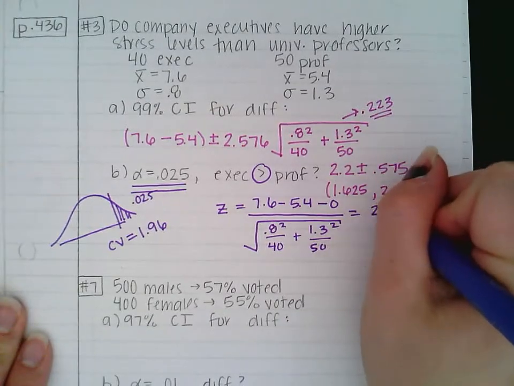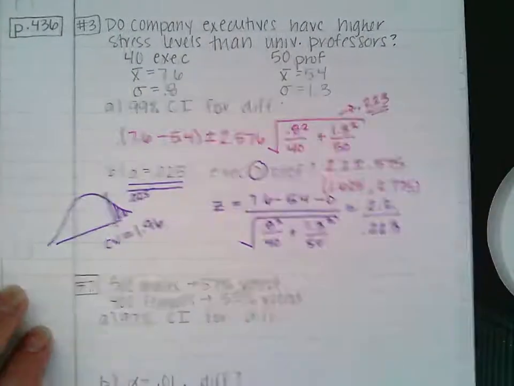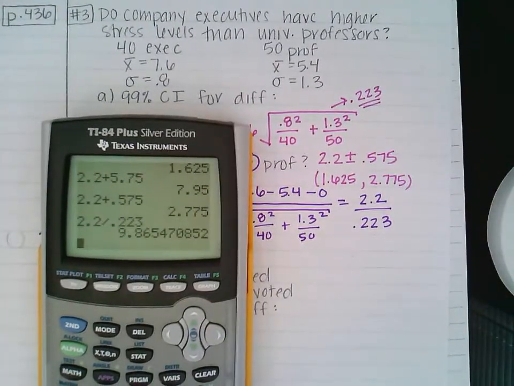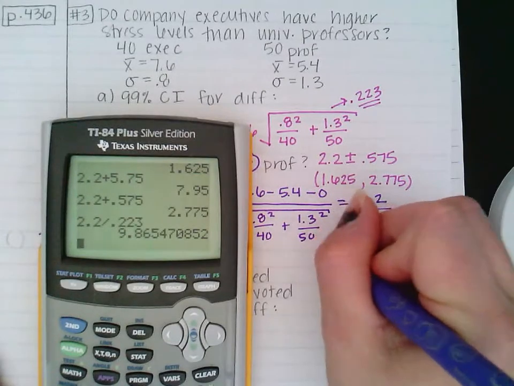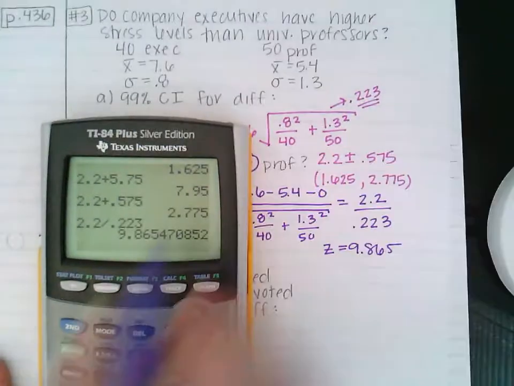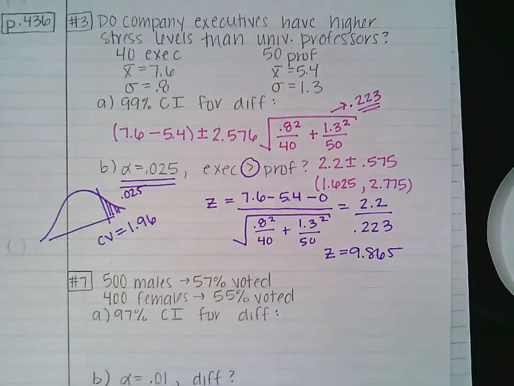I know this is 2.2 and this is 0.223. And again, I get a z-score that is ginormous, about 10 standard deviations away. Yes, I have significant evidence that company executives have higher stress levels than university professors.